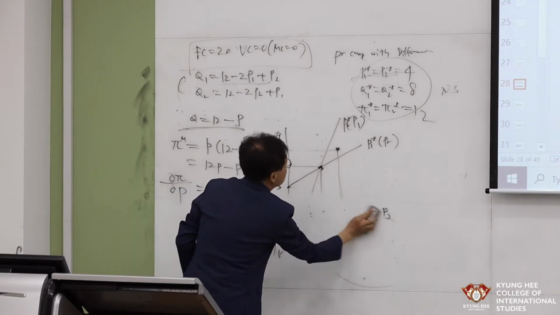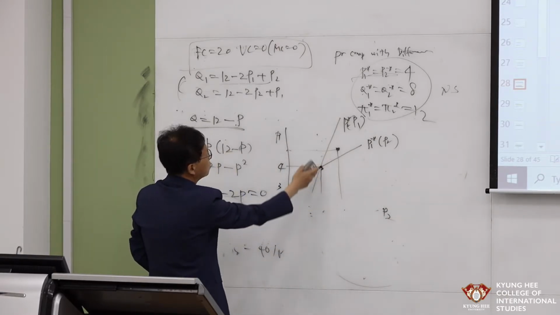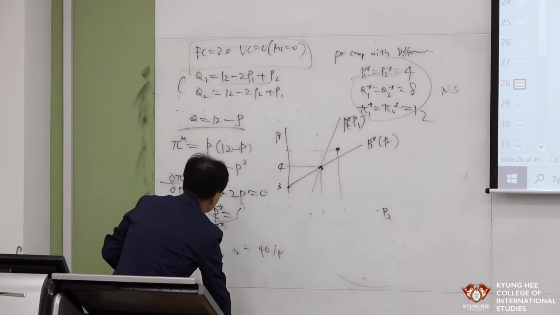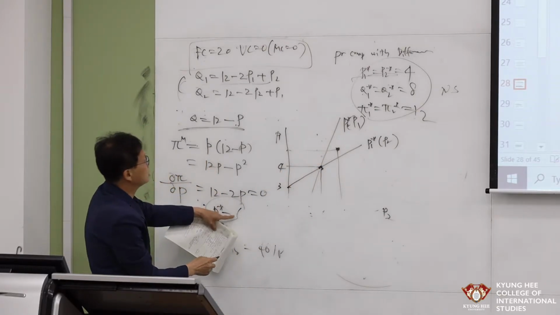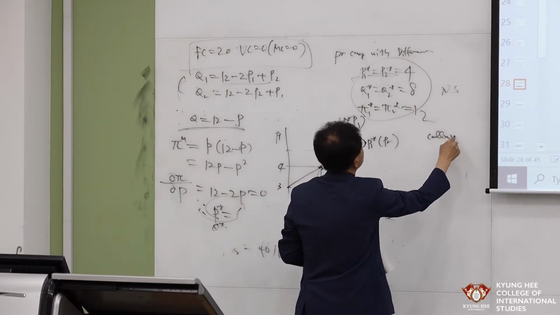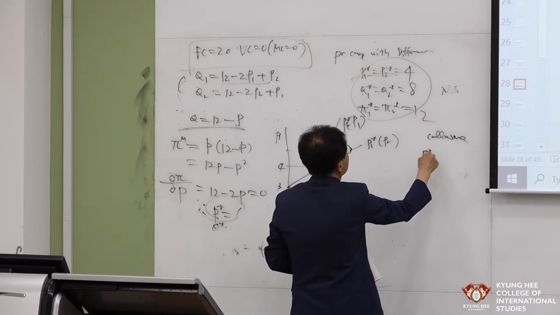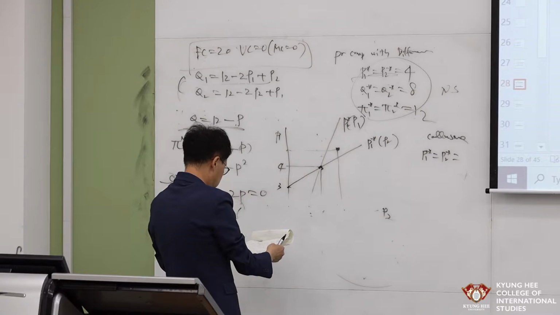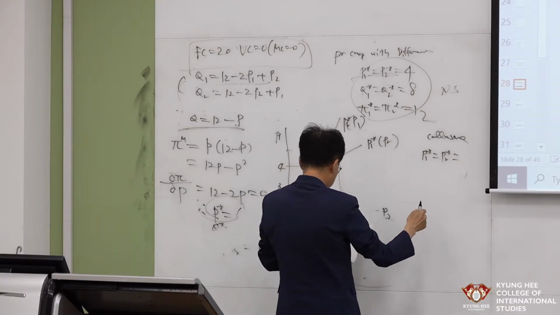Then we also calculate the collusive outcome. The collusive outcome we calculated here, right? The collusive outcome is P1 star, P2 star was $6, right?